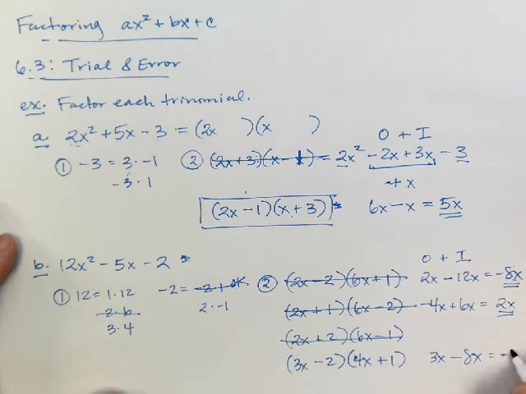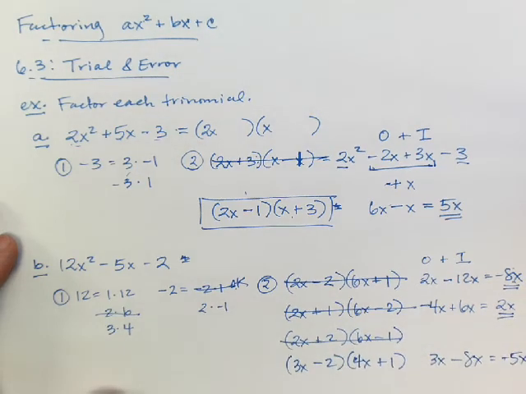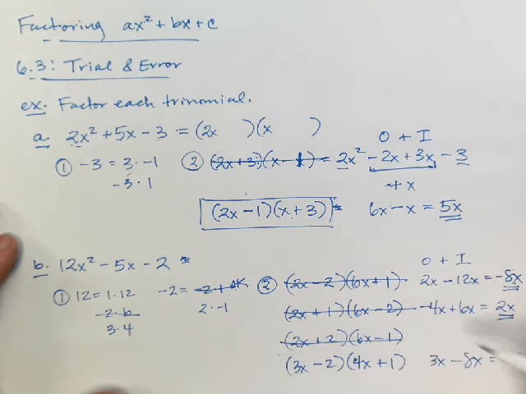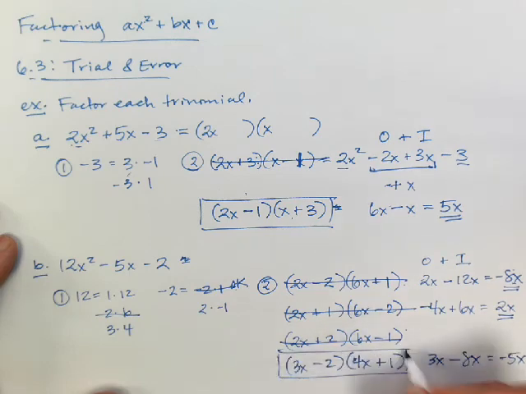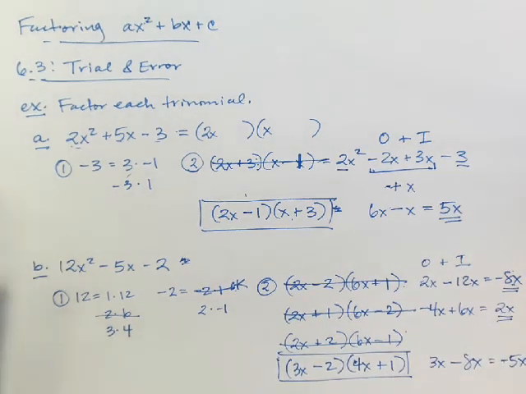And that adds up to -5x perfectly. All right, so that was lucky, but see, the process is just to go through them and kind of guess. And there you go. 3x -2 times 4x plus 1 is the factorization. And of course, you can check that by FOILing them back out.